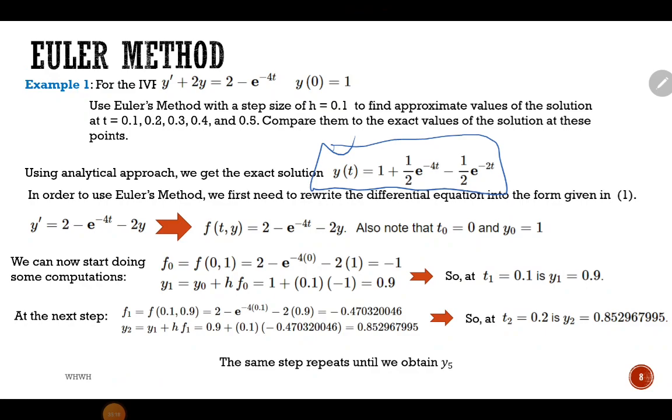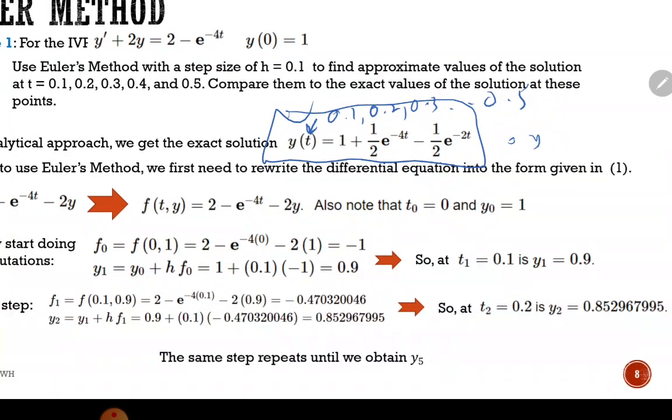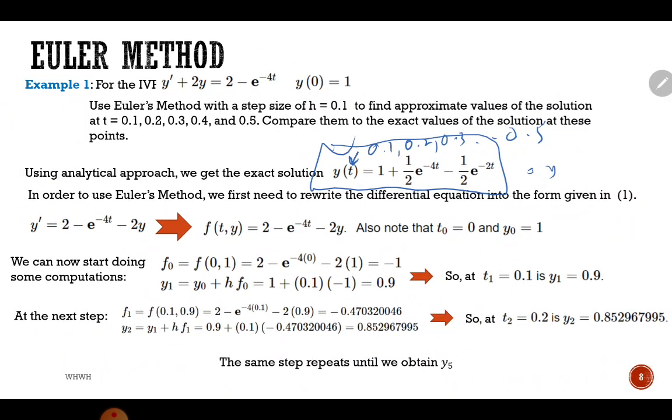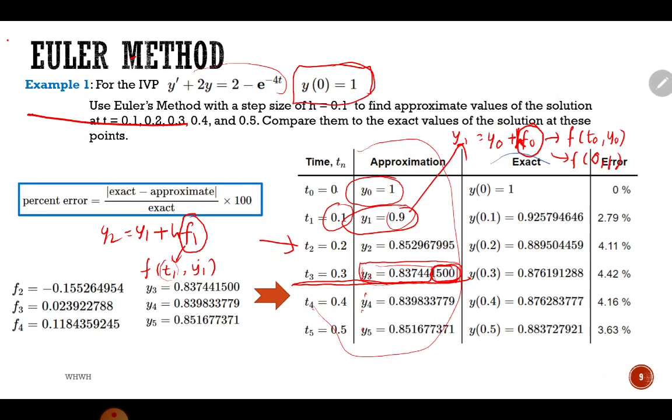So untuk compare jawapan kita, setiap T ni kita gantikan 0.1, 0.2, 0.3 into this equation up to 0.5 dan check apa jawapan yang kita dapat untuk its value of Y. Bezakan dengan yang kita dapat guna numerical method, yang kita guna jawapan yang diberi tadi.